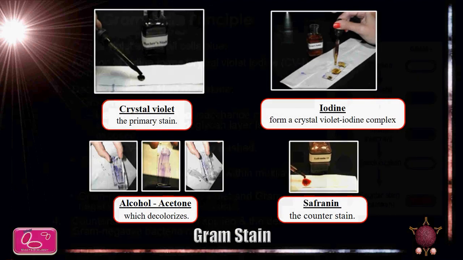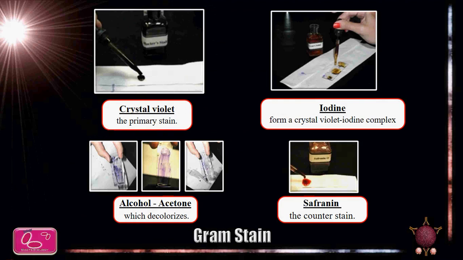This is just the practical visualization. As you can see, you apply the crystal violet, the primary stain, for about 1 minute, and then you dispose it, wash it with water, and then add iodine for 1 minute.